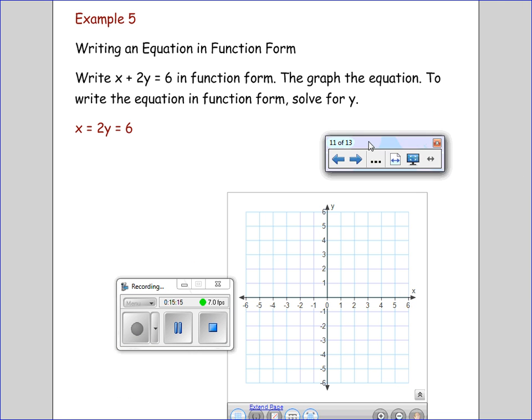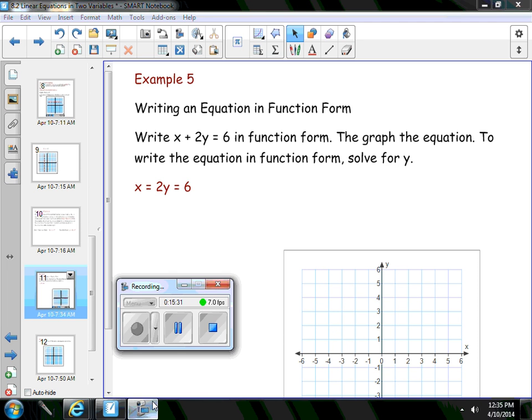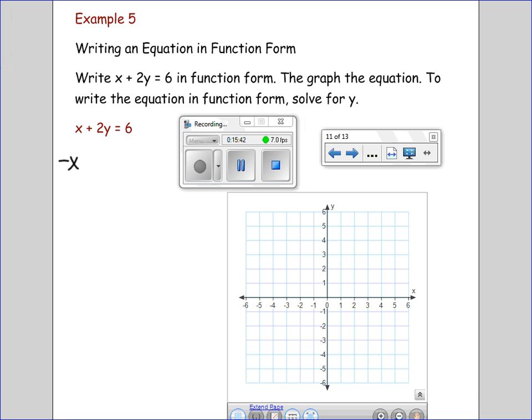So in this example, write an equation in function form. Write x plus 2y equals 6 in function form. Then graph the equation. To write the equation in function form, solve for y. So since this is not considered a function, we are going to subtract x from each side.